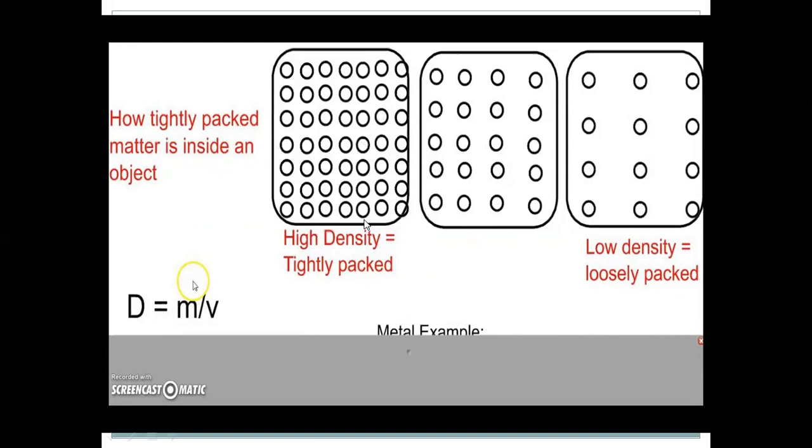So in the same volume, I will have a greater amount of substance, more mass. So more mass in the first container causes more density.